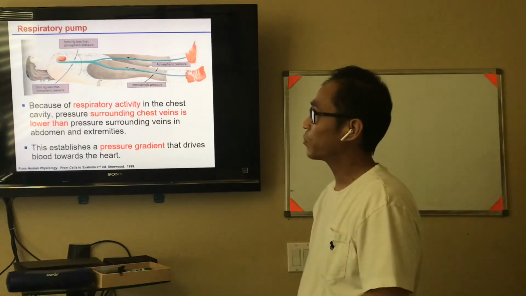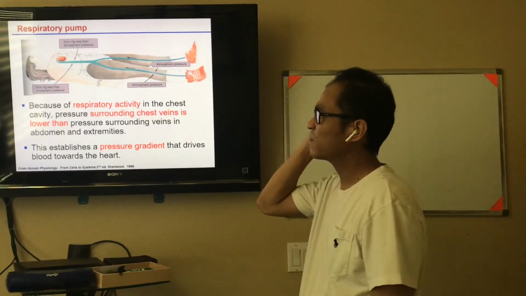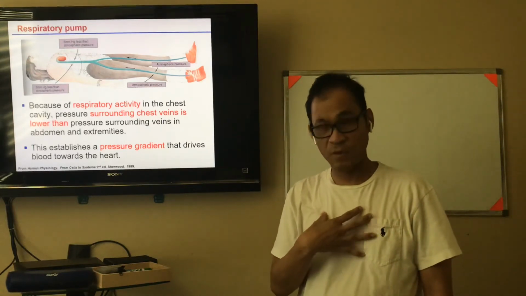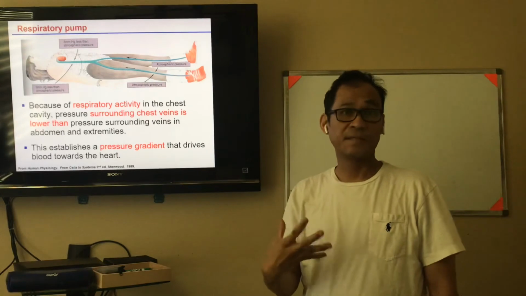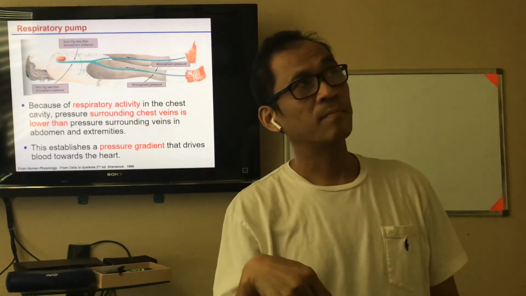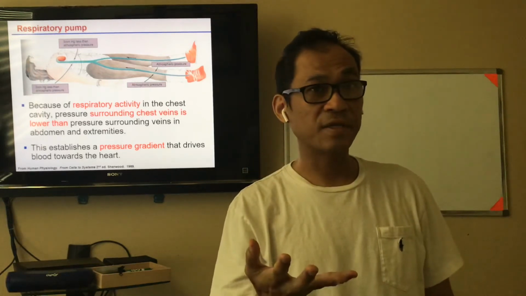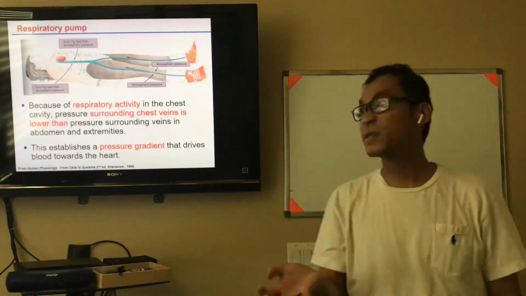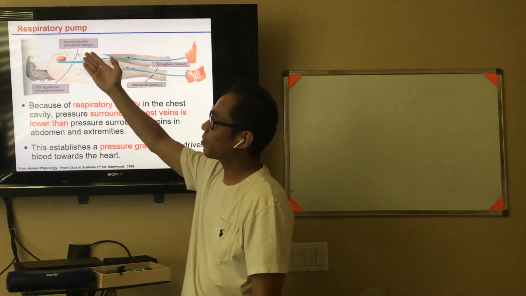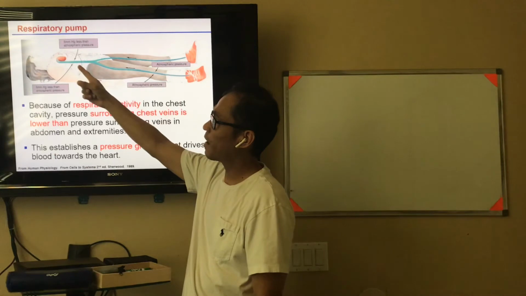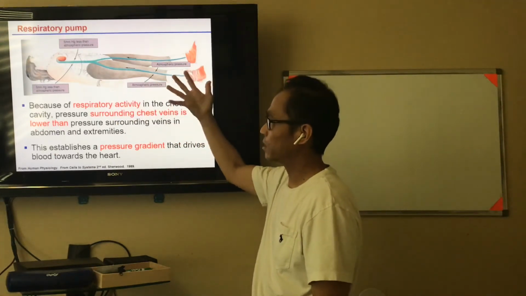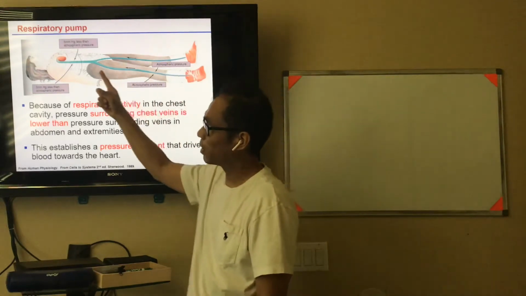And what I'll teach when we get to respiratory is every time you breathe in, your chest cavity expands. You increase the thoracic volume. That decreases the pressure inside the chest cavity. So that'll help create this negative pressure in chest veins. So here the pressure is 5 millimeters of mercury less than it is here in the extremities. That creates a slight gradient to help return blood to the heart.